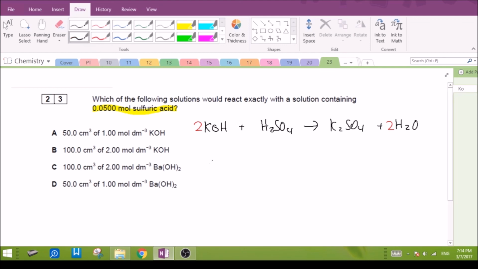For barium hydroxide and sulfuric acid, we form barium sulfate and water. The ratio between them will be 1:1.